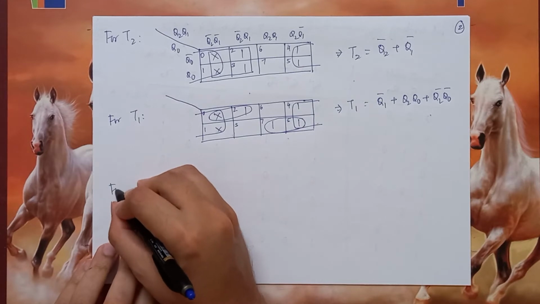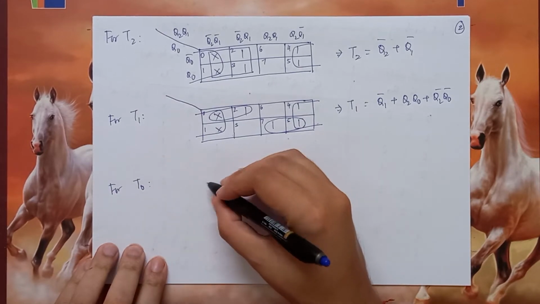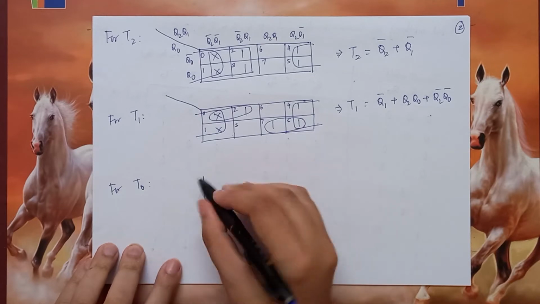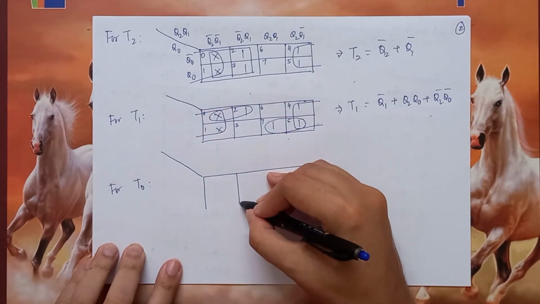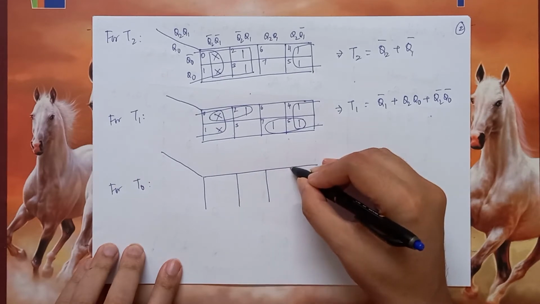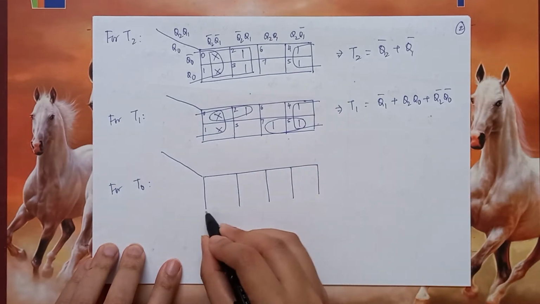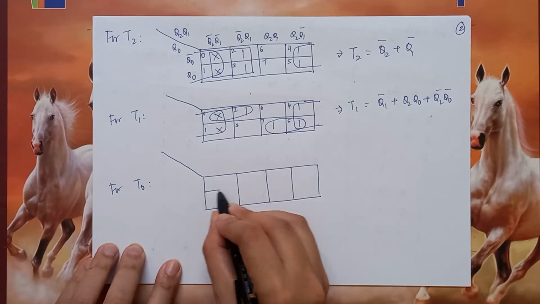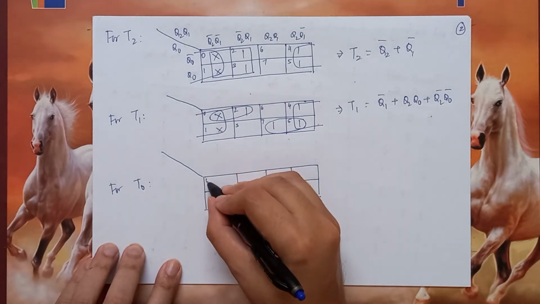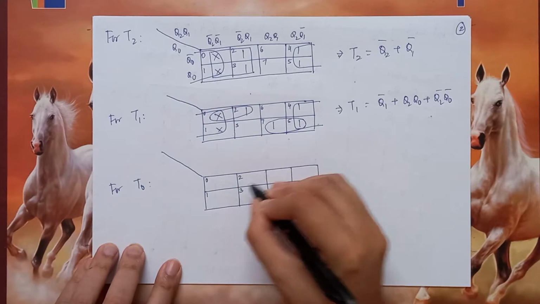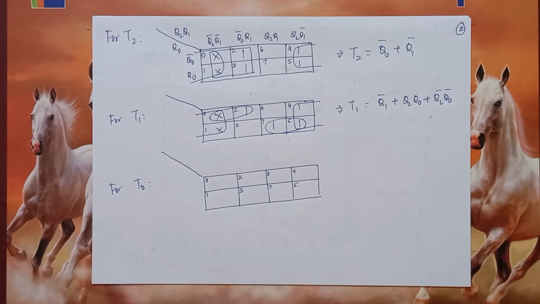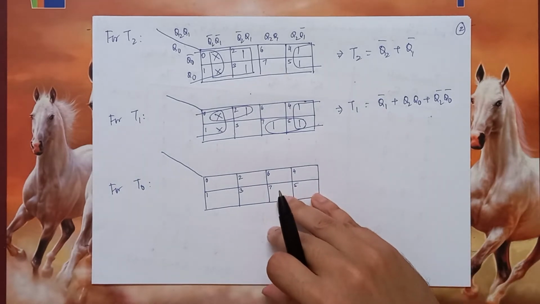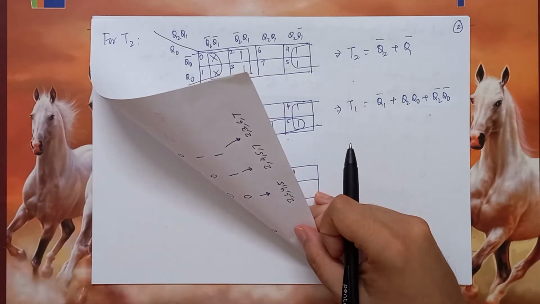And for T0, the minterms are 2, 3, 6 and 7.